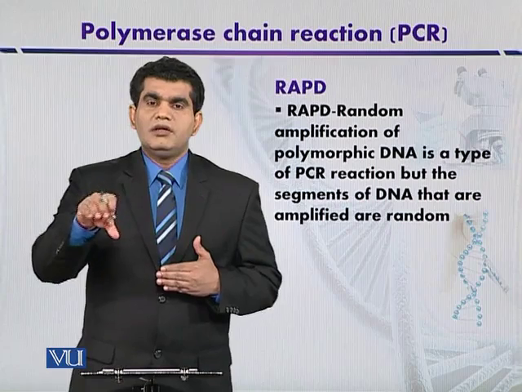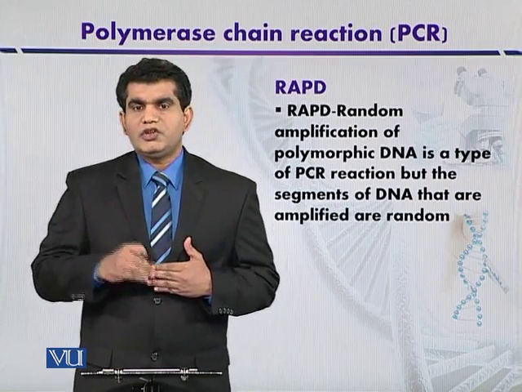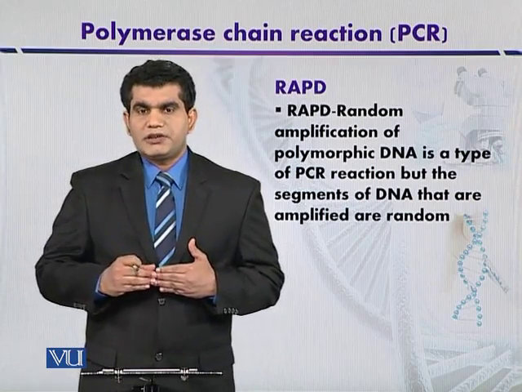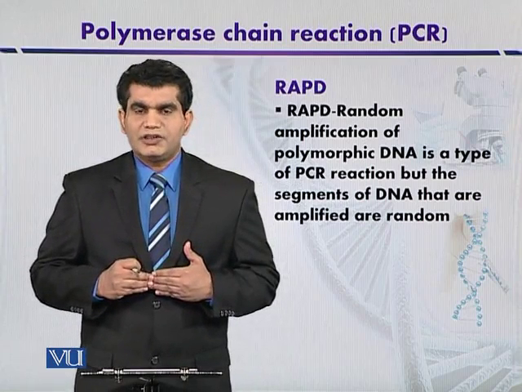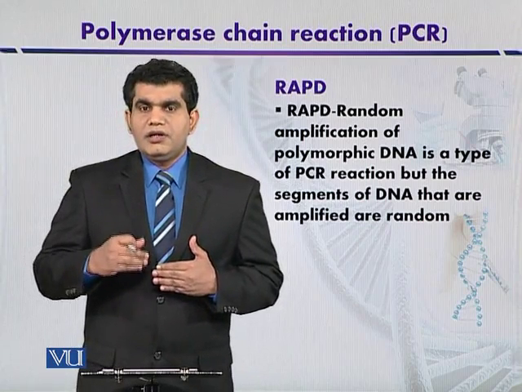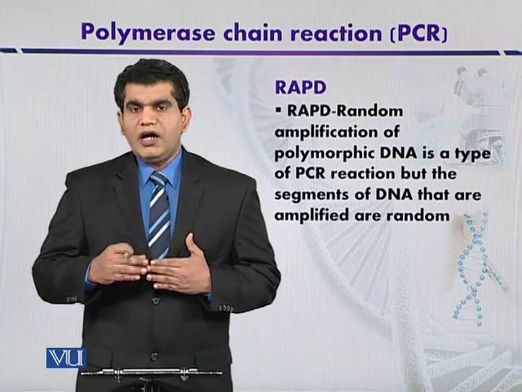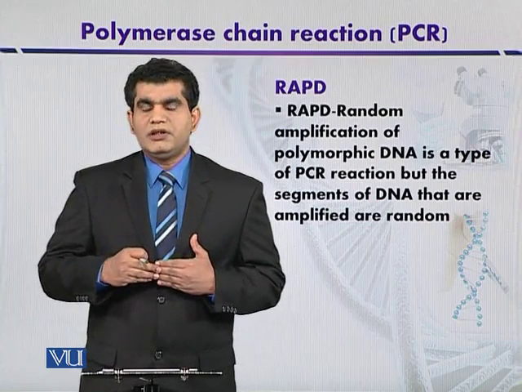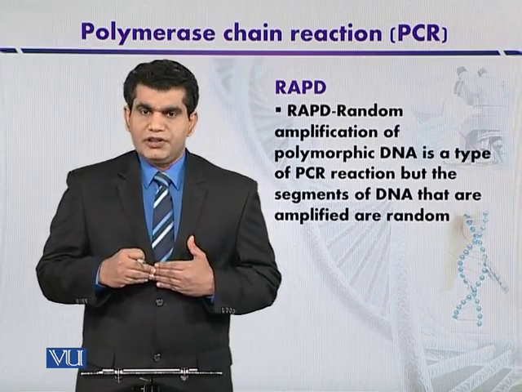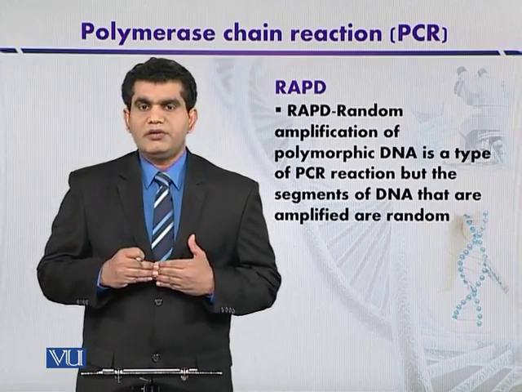It anneals at another location within the DNA, so you can get a different banding pattern next time. So that's why its sensitivity or reproducibility is not sufficient to find evolutionary relationships.